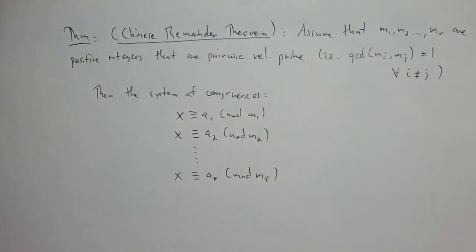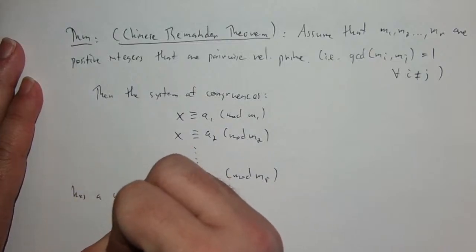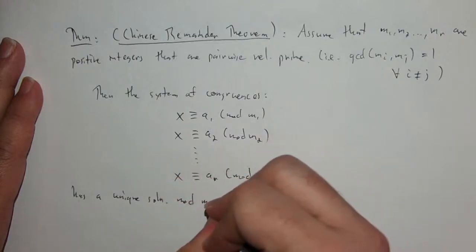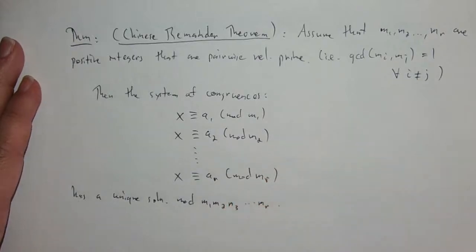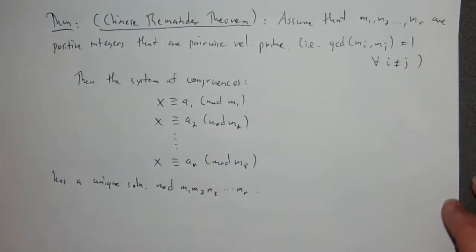This system of congruences has a unique solution mod m sub 1 times m sub 2 times m sub 3 all the way to m sub r. Okay. So that's the statement of the Chinese remainder theorem.